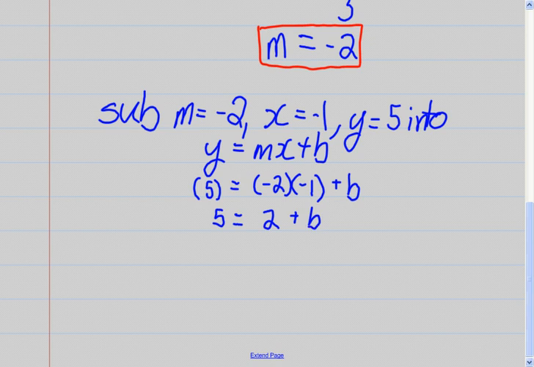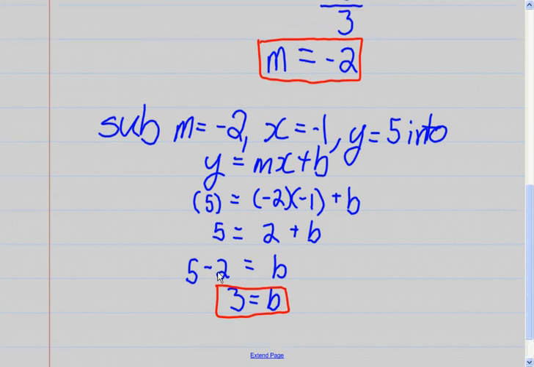And then isolate, because we want b by itself. So this 2 comes to the other side and becomes 5 minus 2, which gives us a value of b being 3. And again, I'm going to put this in a box, because this is the solution to step 2.